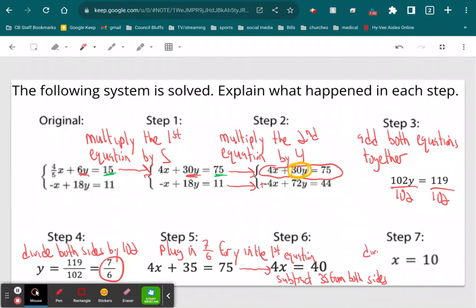So they multiplied the first equation by 5 and the second equation by 4, and that made it an easier system to solve. That is essentially our goal for today: to use multiplication to allow us to either add or subtract the two equations together.